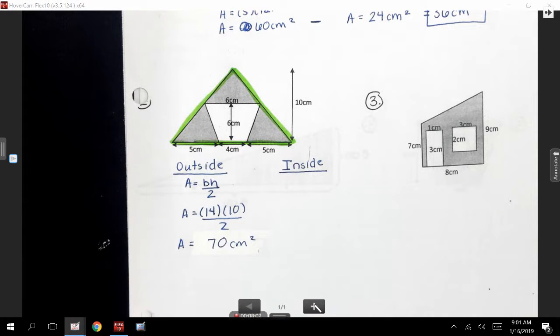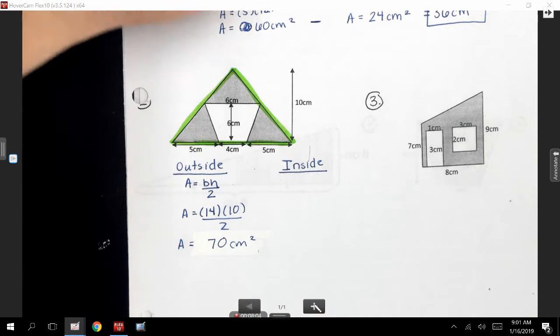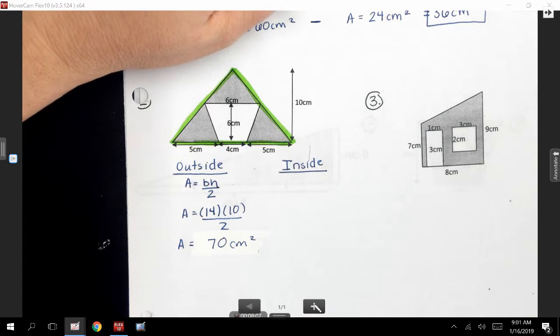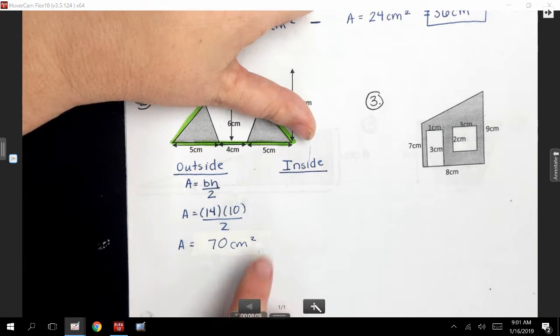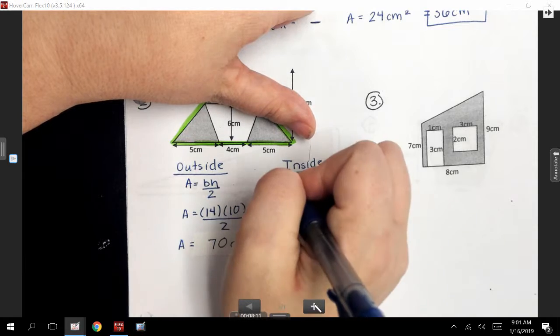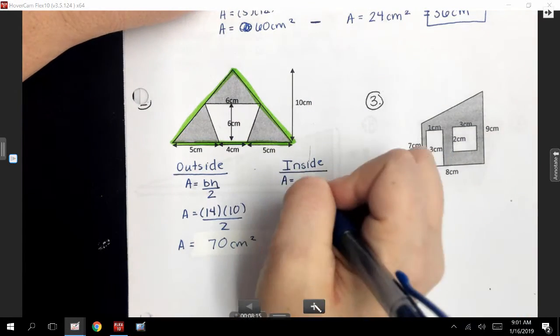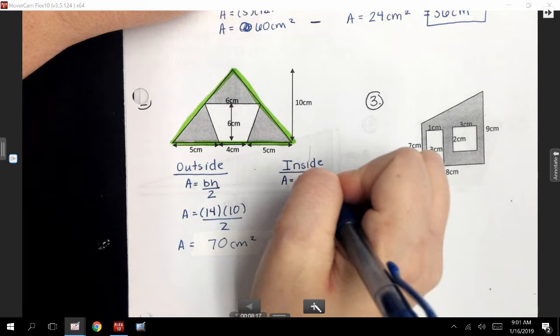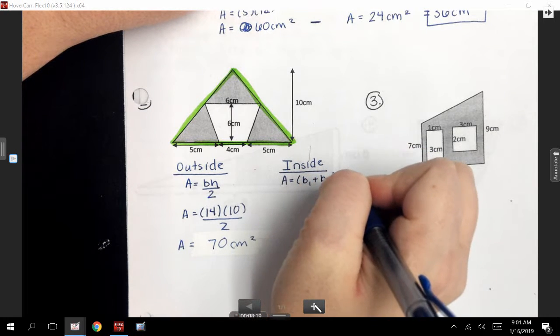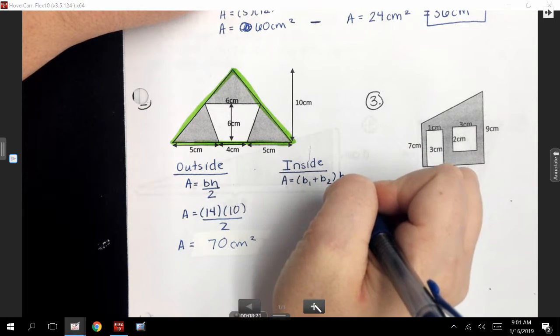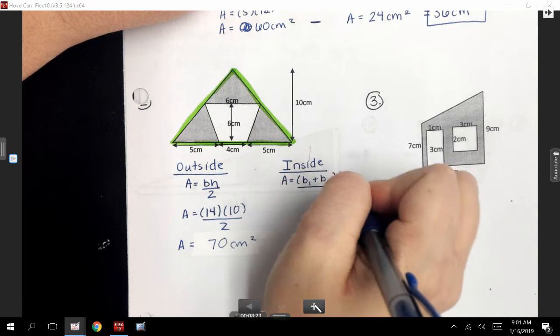Okay. Inside. What shape do I have inside and what formula do I need for inside? Zach? A trapezoid. A trapezoid, and what formula is that going to be? A equals B1 plus B2 times height divided by 2. Excellent.